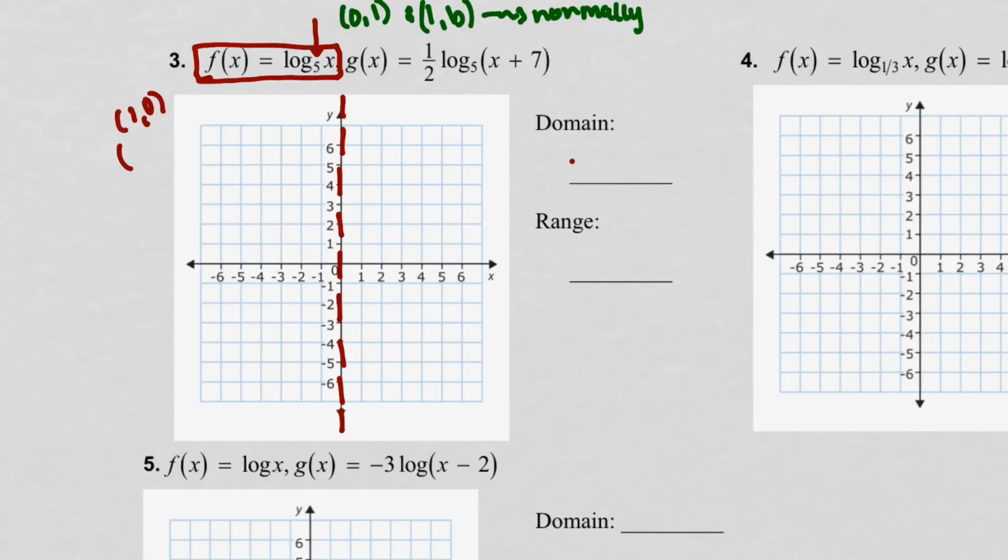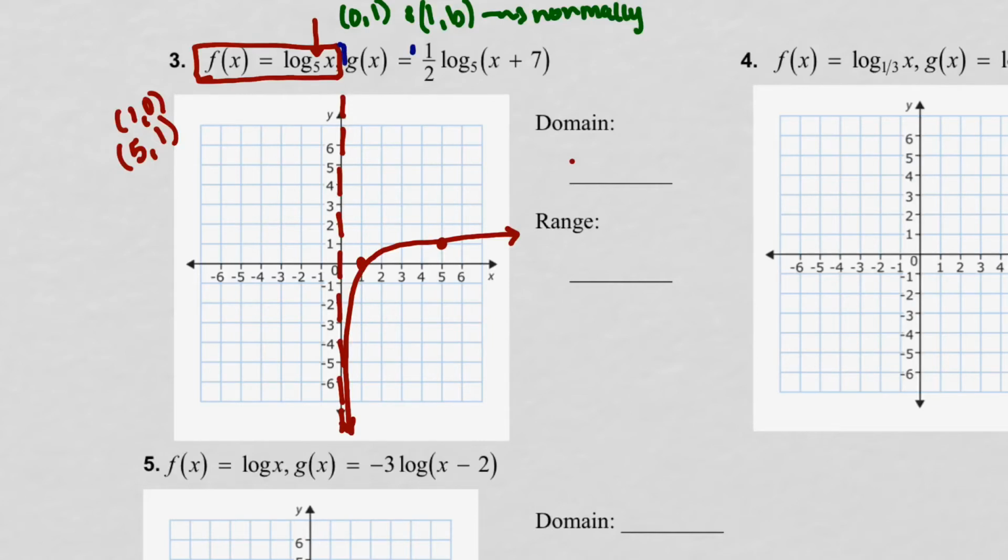Well, the base is 5, so (5, 1). That flipped it. So here I'm going to go right 1 and up 0. Then I'm going to go right 5 and up 1. I'm going to hug that asymptote, and I'm going to curve out to the side, and it will continue going on forever.